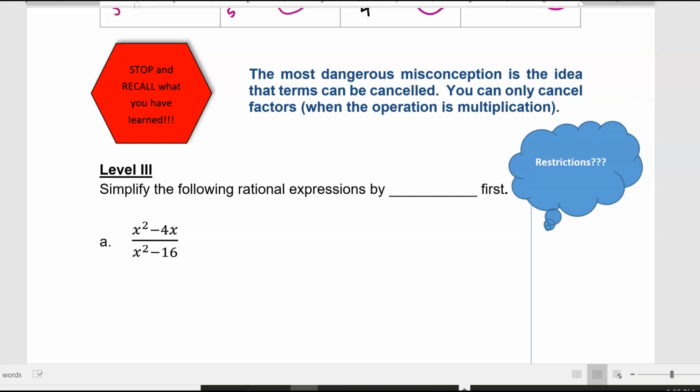So we can't simplify the following rational expressions by canceling terms. What we should do first is factor. So what we're going to do is factor the numerator first. Then we're going to turn around and factor the denominator. So how do you factor x squared minus 4x? So let me help you.